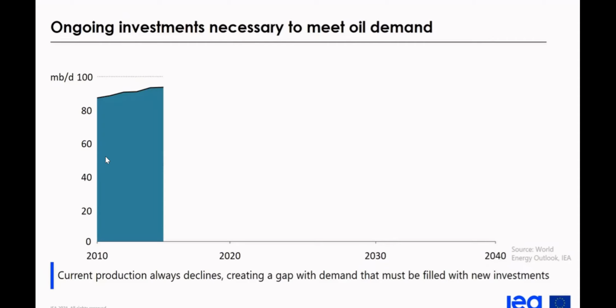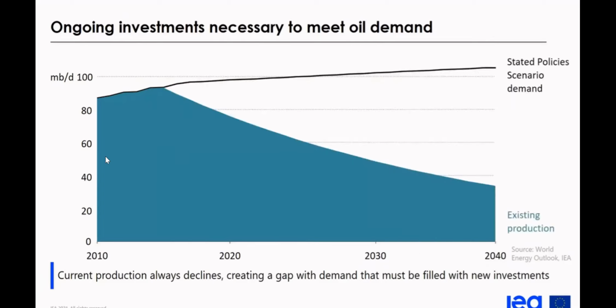And if we look today at how the supply and the production of oil meets the demand, and if we look at the future, we can see that under our stated policies demand scenario, we expect demand for oil to increase slightly or remain stable, but the existing production of fields which are exploited today is to decrease naturally.